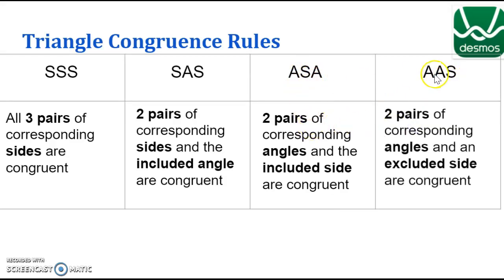We have 2 pairs of angles as well, just like ASA, but this time the angles are next to each other, and the side pair that is congruent is not the included side, but the excluded side of the 2 angles that are congruent.